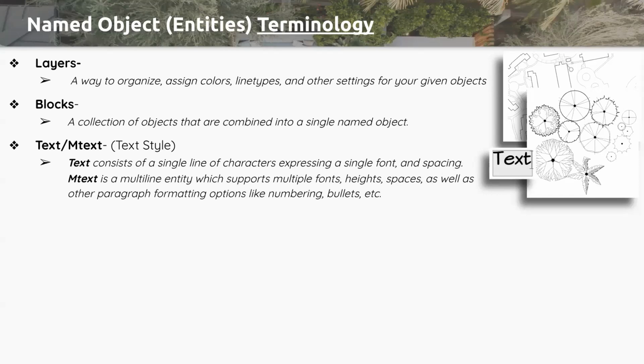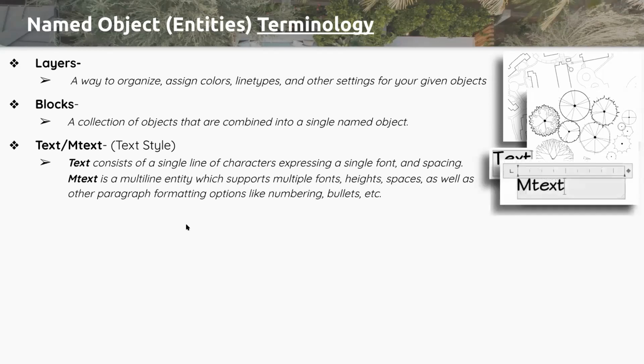The MText is a multi-line text, and this is an entity that supports additional customization. So formatting, paragraph formatting, being able to set the different fonts and stuff if you need to, but it is a lot more editable. And that's the difference between the two.